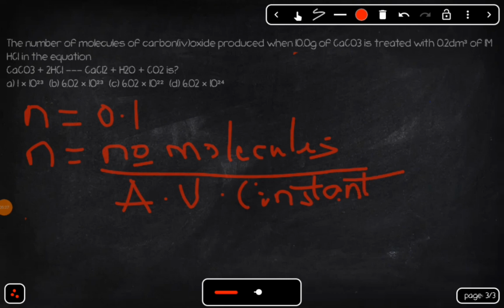Good. So my number of moles is 0.1, which equals x divided by our Avogadro's constant, 6.02 times 10 raised to power 23, since they ask us to look for the number of molecules.